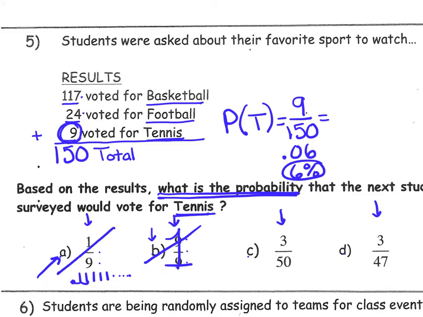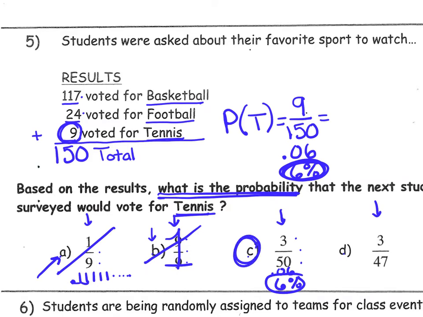You can eliminate that. Let's punch in 3 divided by 50 and convert that to a decimal. 3 divided by 50 is 0.06, which of course is 6%. 6% is exactly what we're looking for.